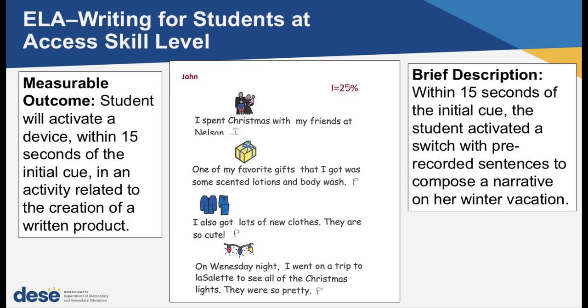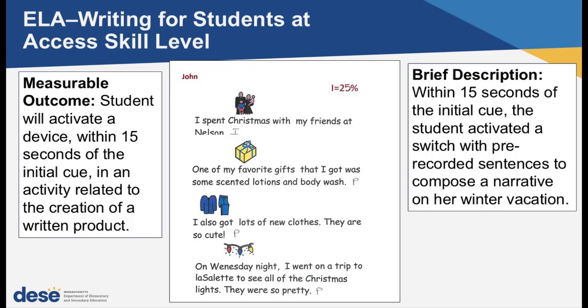So the brief description tells us that within the 15 seconds of the initial cue, the student activated a switch with pre-recorded sentences to compose a narrative on her winter vacation. So the student was not writing, the student was activating the switch, but you have a permanent product here.